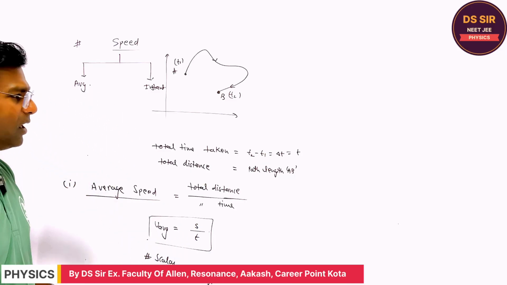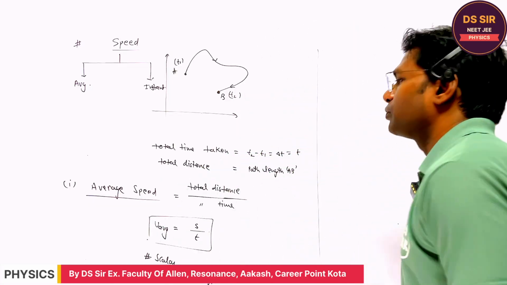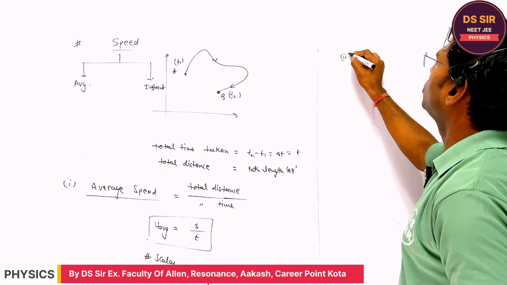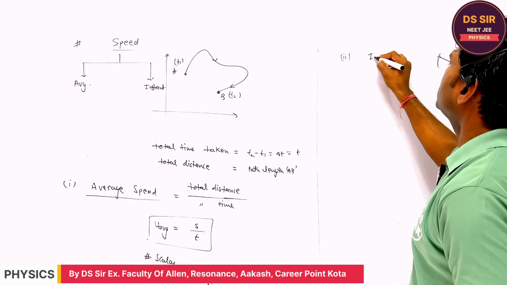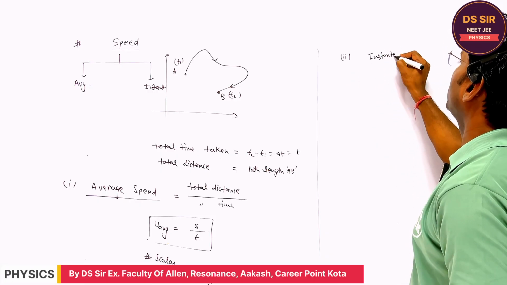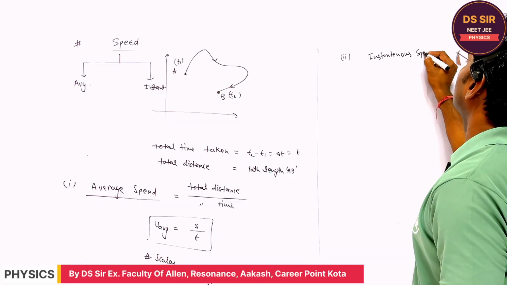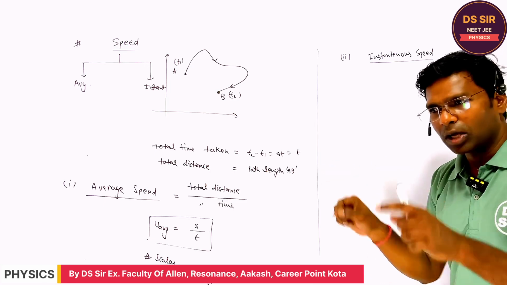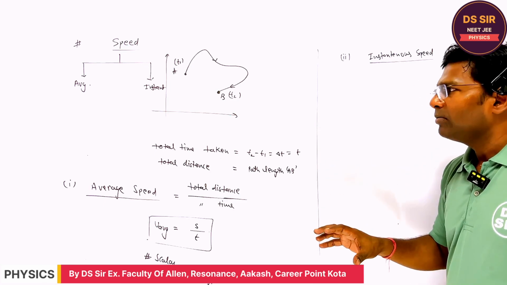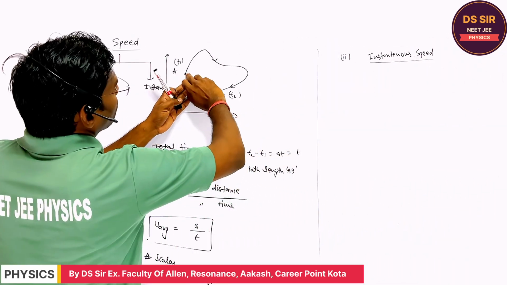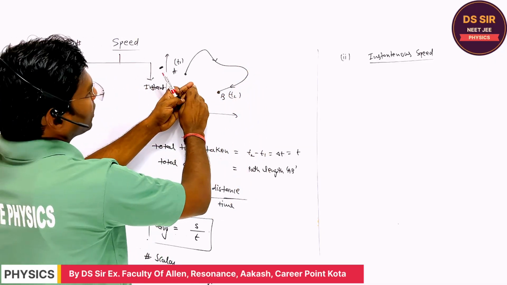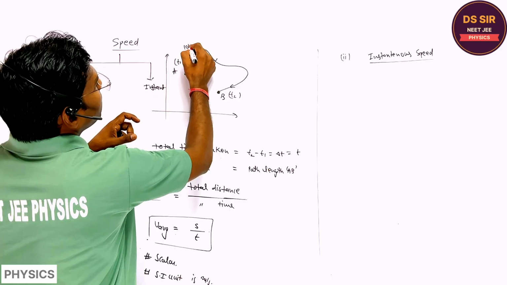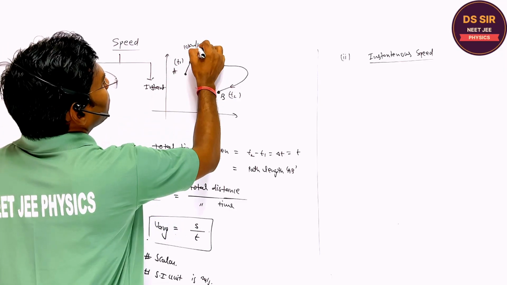For example, if you consider the odometer, right? Speedometer, you can say. Next is instantaneous speed. If you consider the speedometer of your scooty or your car, sometimes when you are driving, the car speed shown by the meter is 10 kilometer per hour.